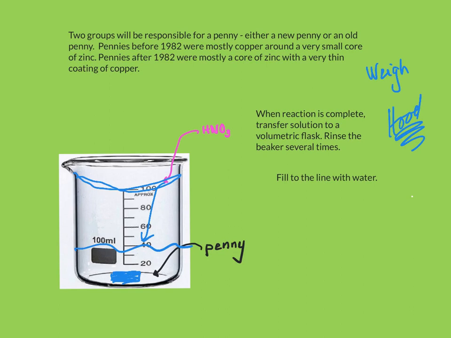So you're going to transfer this into your volumetric flask, add a little water to the beaker, swirl, and pour it in. You'll rinse a few times to make sure there's no blue left. Then you'll fill your volumetric flask to the line and mix, and you'll have a penny solution now. Again, you'll transfer a little bit to a cuvette and record the absorbance.